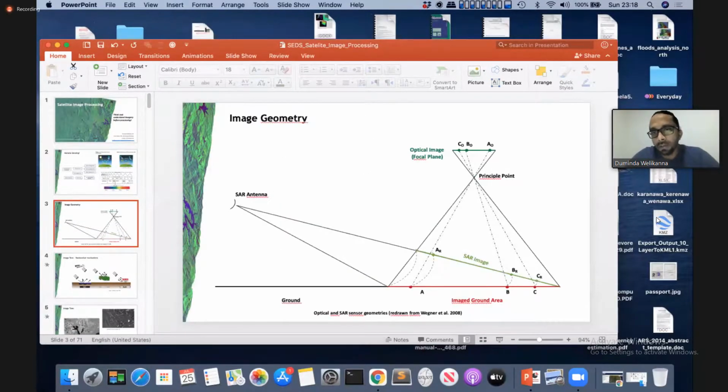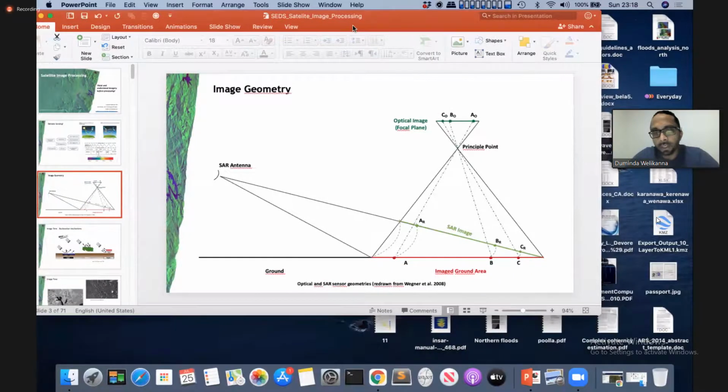So you can see in this, what happened is the SAR sends pulses on a slant range, and when it hits somewhere, it goes back. The pulses hitting the target will be recorded in the image. Now, how does it record? Along a slant plane.